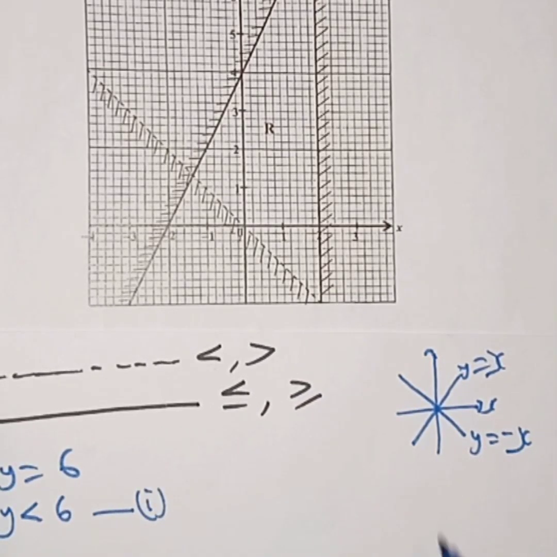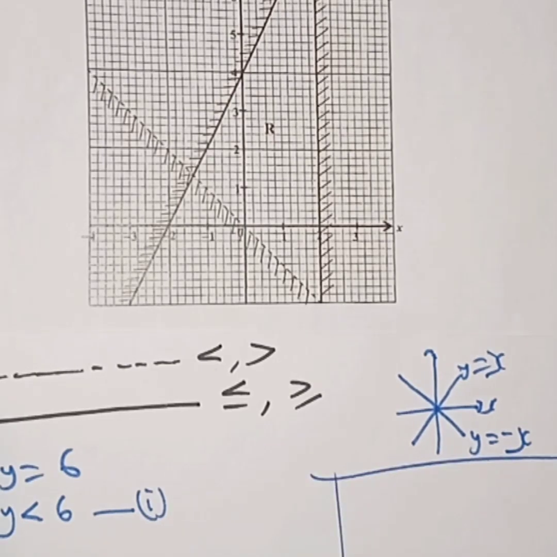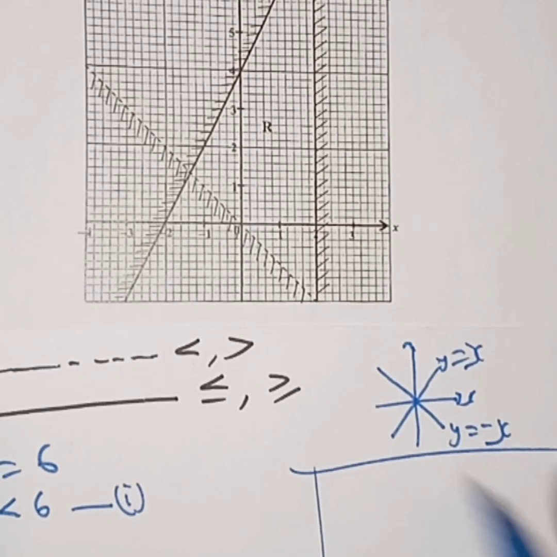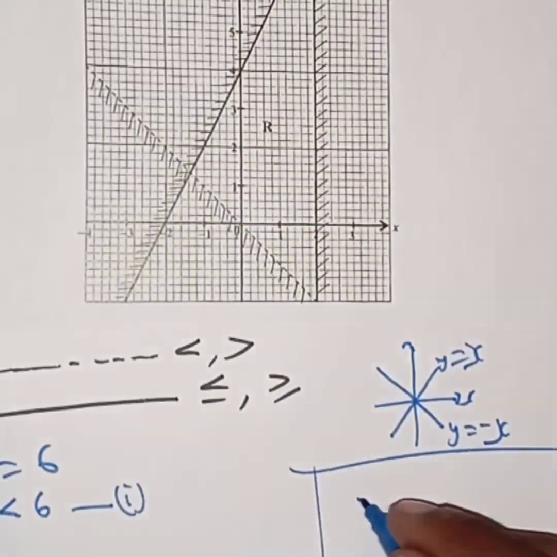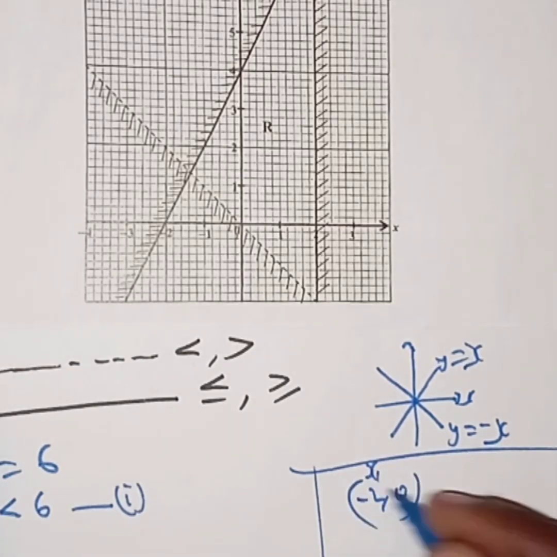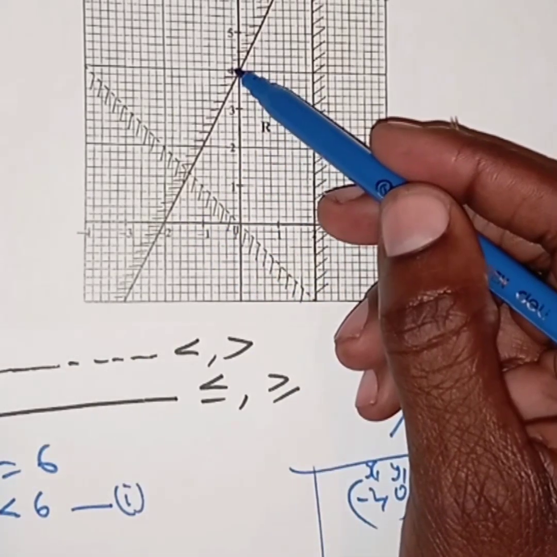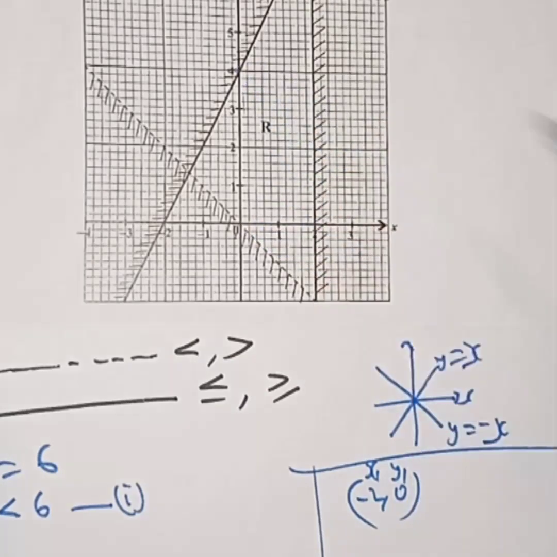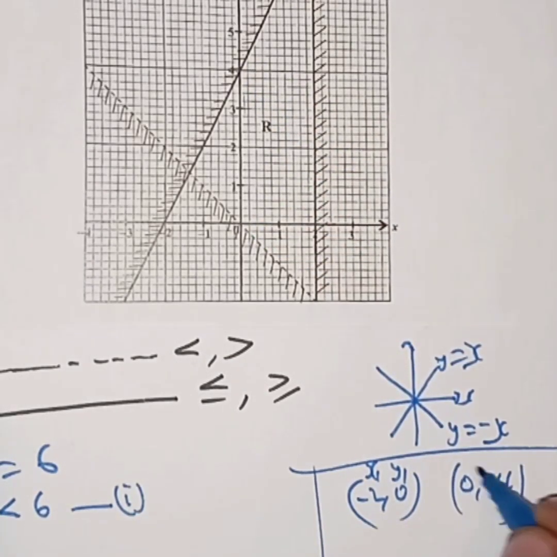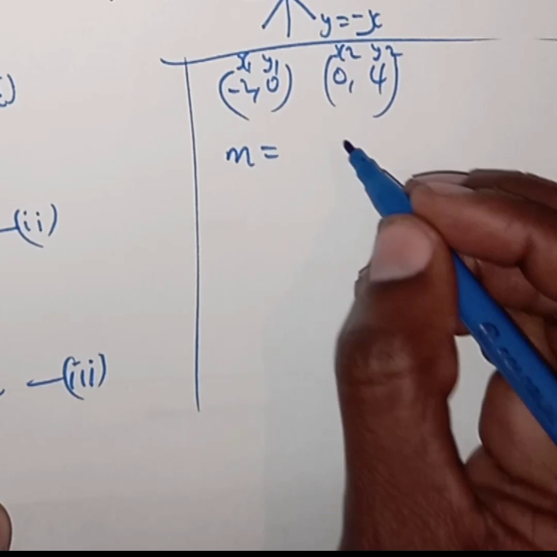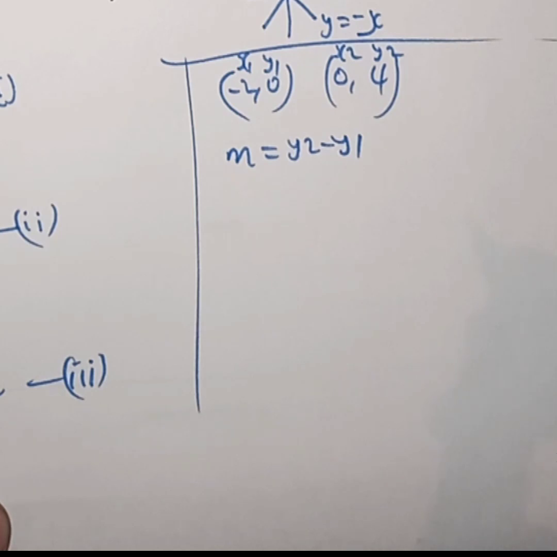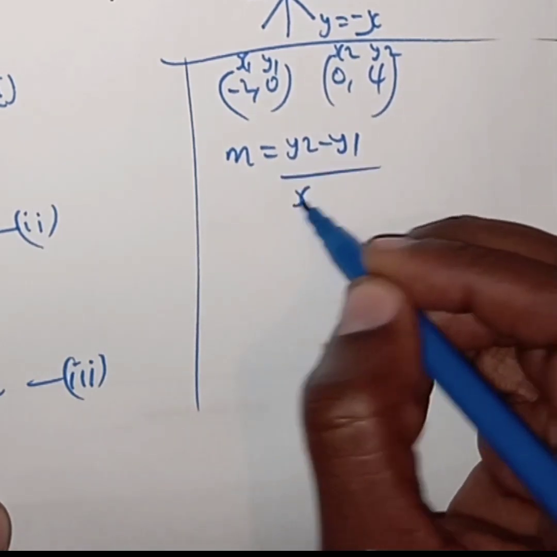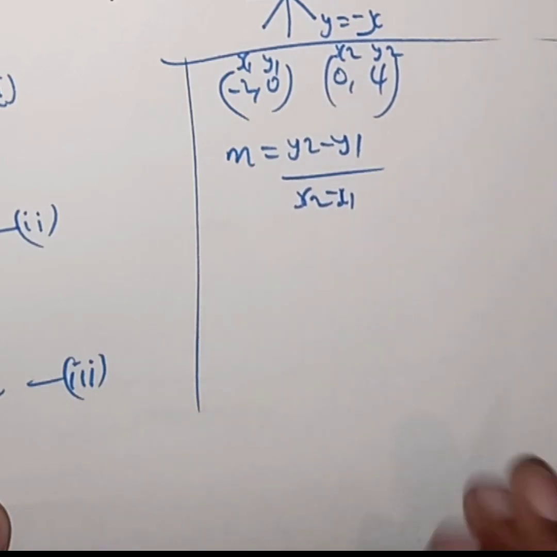The final one. You have seen here, this line has crossed on negative 2, which is negative 2, 0. This is our x1, y1. It has also crossed on 4 here. So it's 0, 4. So this one is our x2 and y2. So you need to find the gradient, the slope. Gradient means slope. So y2 minus y1 over x2 minus x1.